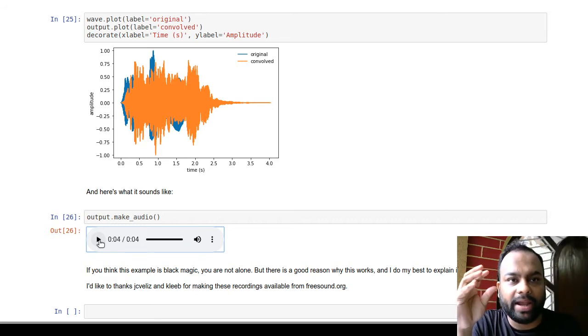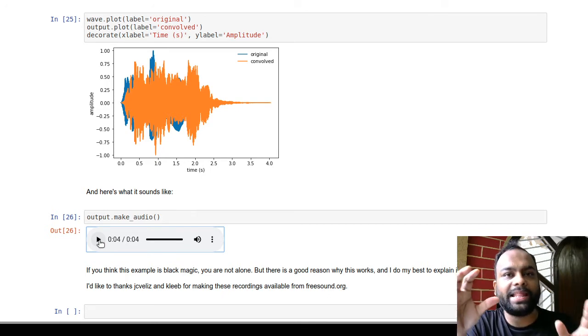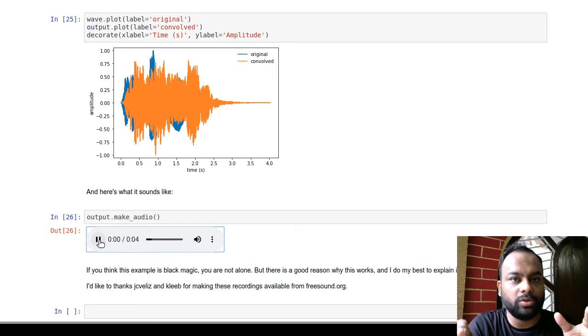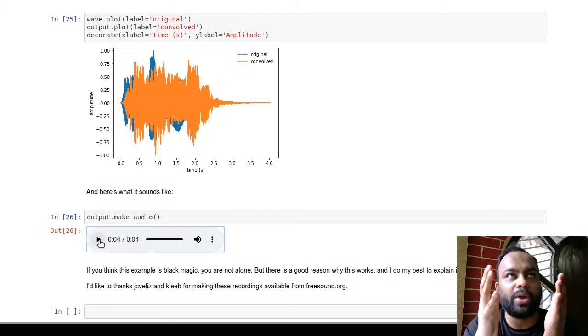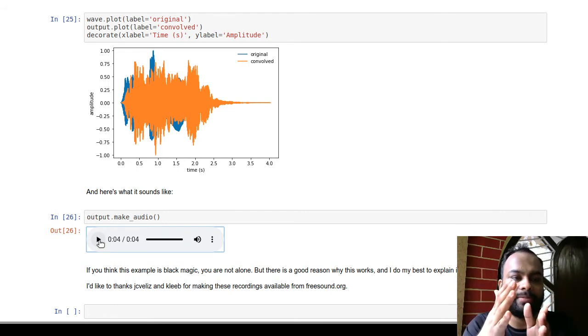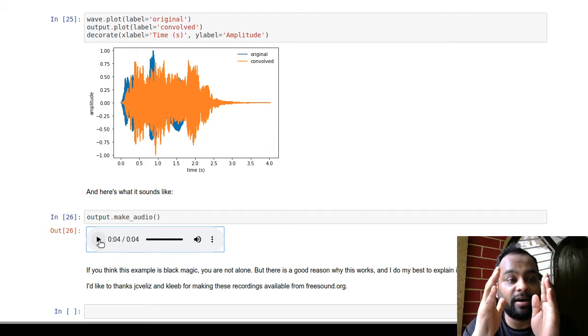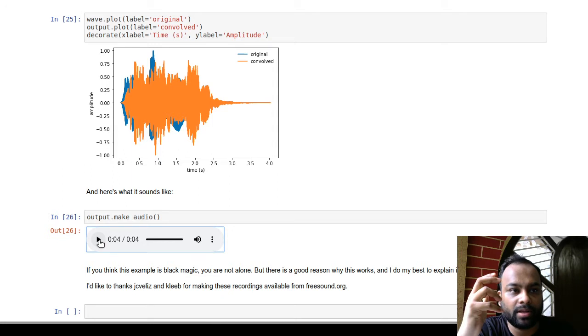So let me remind you again. We did not play the violin in an empty hallway, okay, at all. But it still sounds as if we played the violin in an empty hallway, right? How? Because for an LTI system, as long as the system we are talking about is representable in a linear time invariant fashion, the impulse response of the system is representative of the entire behavior of the system, right?